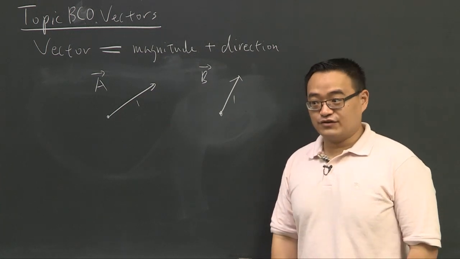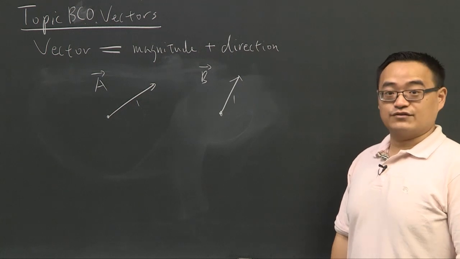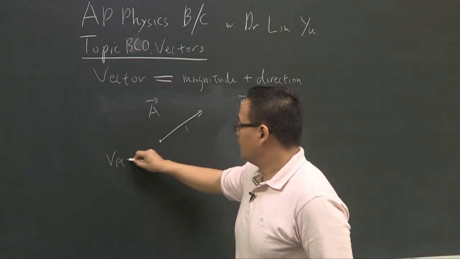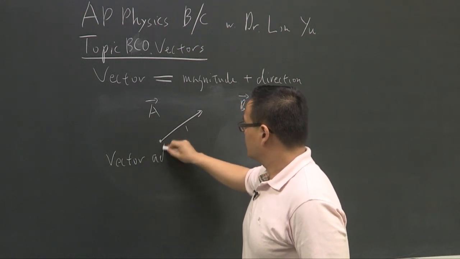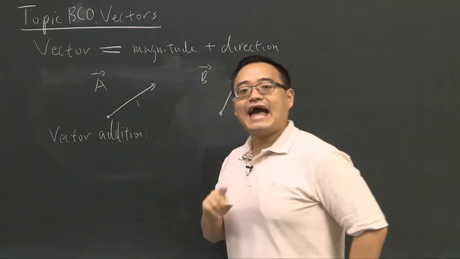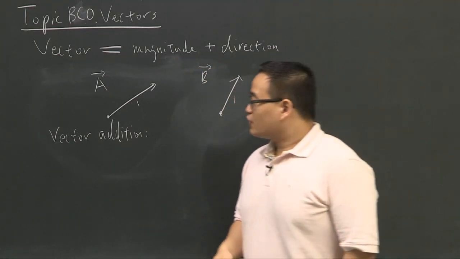So the natural question is, all right, what do I do with this? How do I operate with vectors? The most important thing that you need to know is this concept of vector addition. How do I add vectors? Okay? Well, there are two ways.